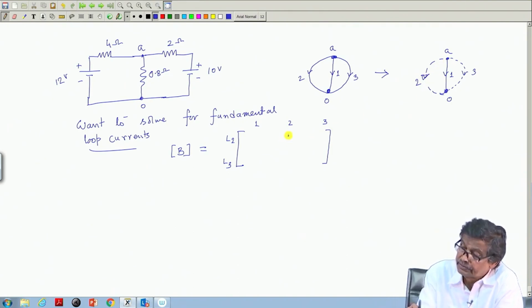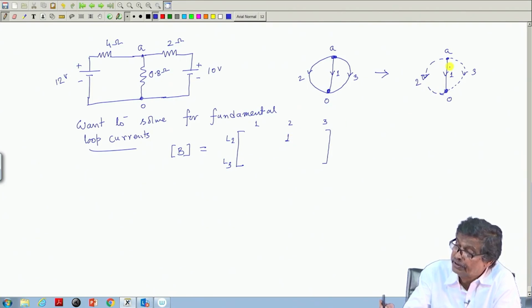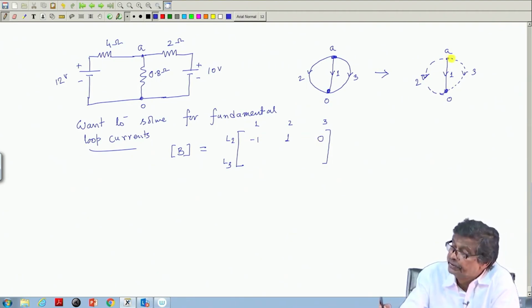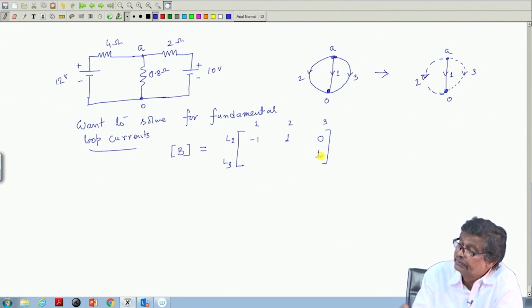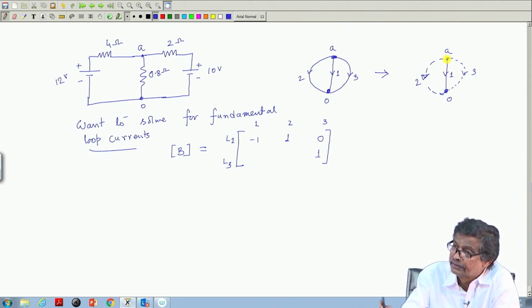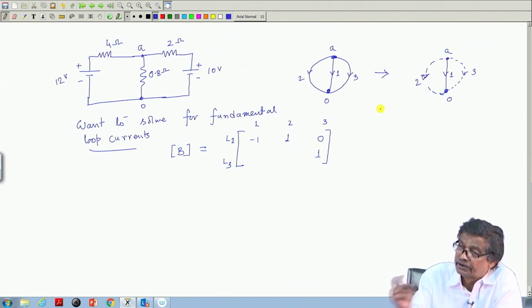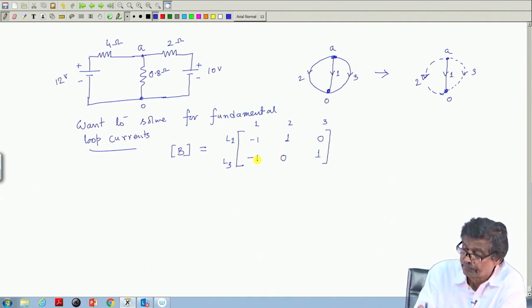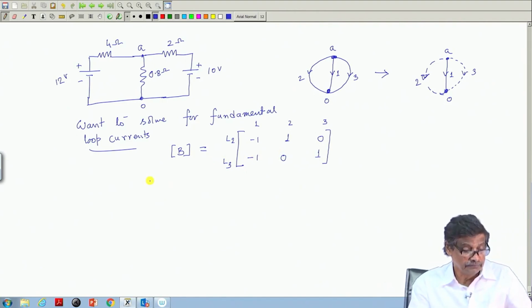So, for 2 it is plus, then only 1 will be there, that will be minus, and this will be 0. Loop 3, for this loop, when only this link is present, this is the plus sign. So, plus 1, then once again this 1. There will be only one link present in the loop. So, 3 and 1 form that fundamental loop. So, this will be 0 and this will be minus 1. This is the B matrix formation.